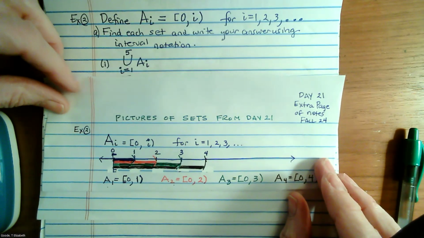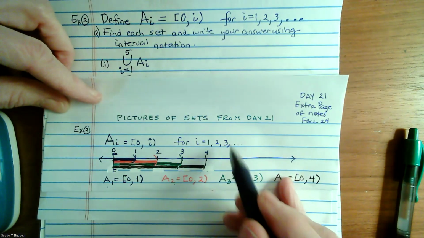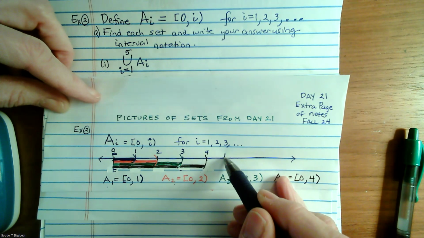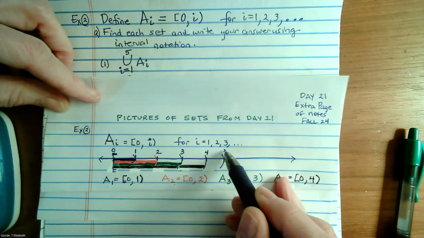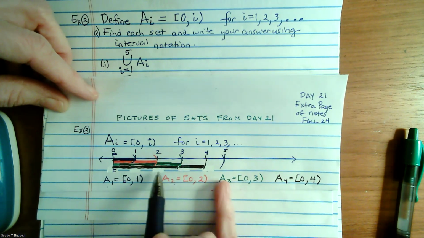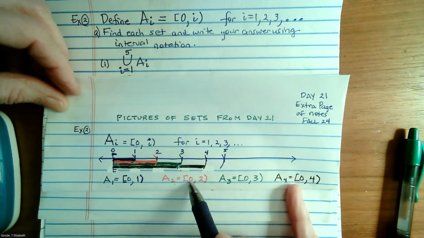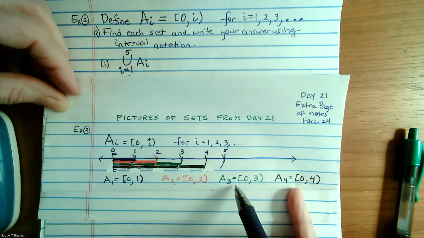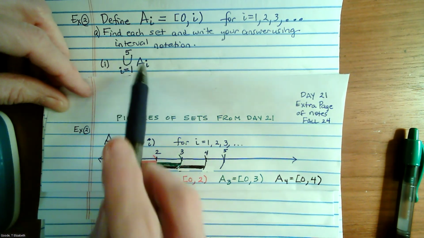So the union from I equals 1 to 5. Okay, so I didn't draw A sub 5, but I think that you can imagine where it is. So if we took the union of these sets, we're asking for the set of elements that is in A1 or A2 or both or A3 or A4 or A5.